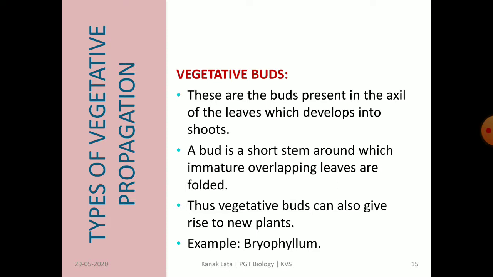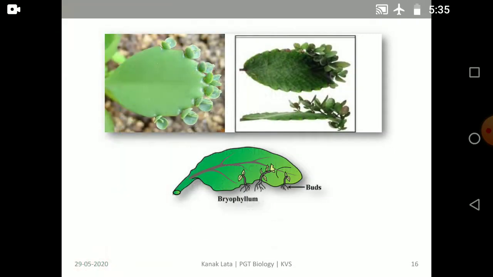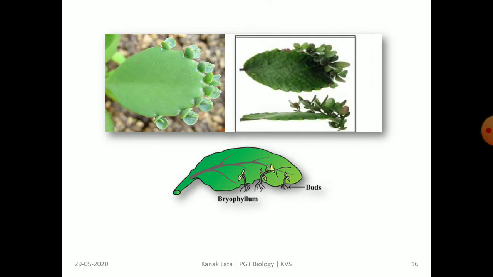These buds are responsible for giving rise to new plants, and the best example is bryophyllum. In the given figure, you may observe the buds of bryophyllum that can be detached and grown into new plants.